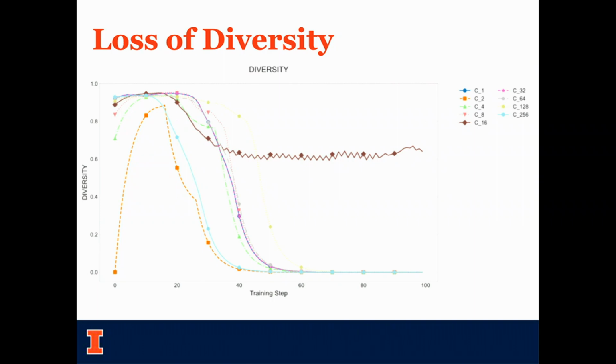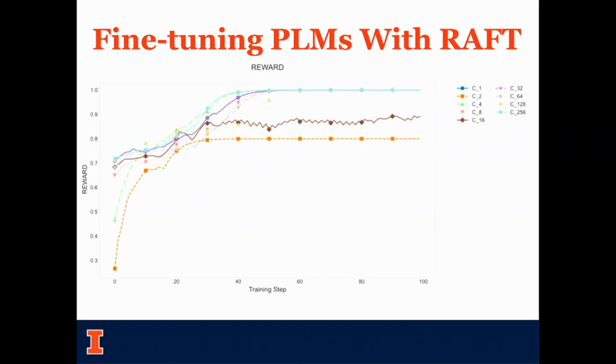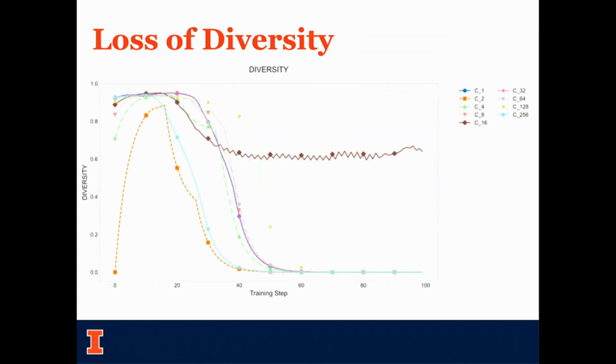Only one candidate count setting maintains some diversity throughout training, and that is C equals 16. But if you remember from the last graph, C equals 16 is one of the settings that achieved suboptimal results. So we can either achieve optimal rewards or maintain high diversity, but it seems hard to do both at the same time.